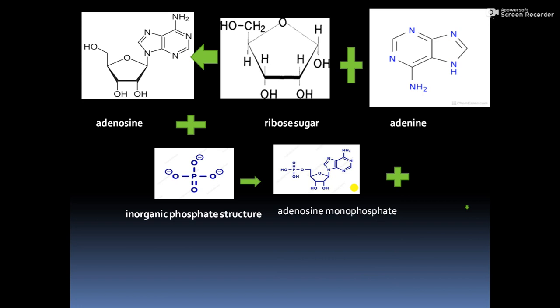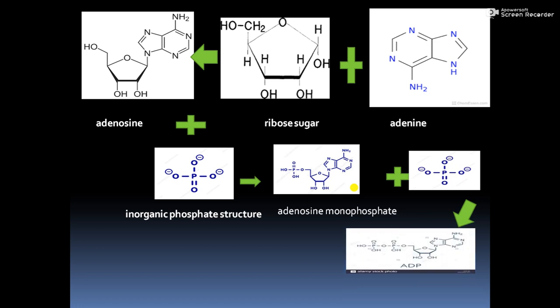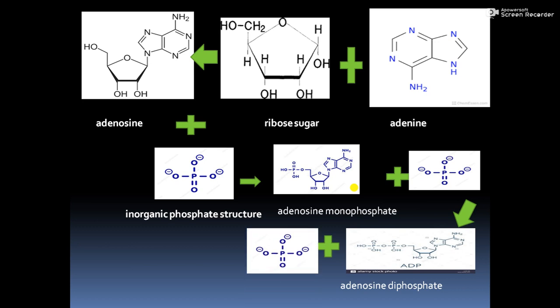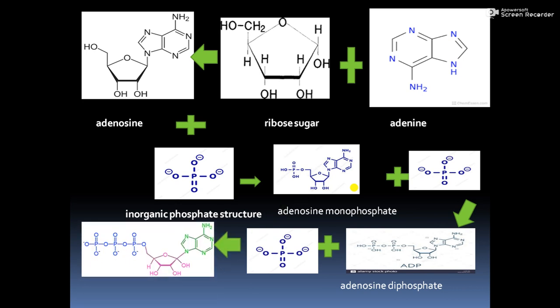And if one more inorganic phosphate is added to adenosine monophosphate, it forms a new chemical substance called adenosine diphosphate. After that, if we add one more, that means a third inorganic phosphate, to adenosine diphosphate, it forms a new chemical substance called adenosine triphosphate, or ATP.